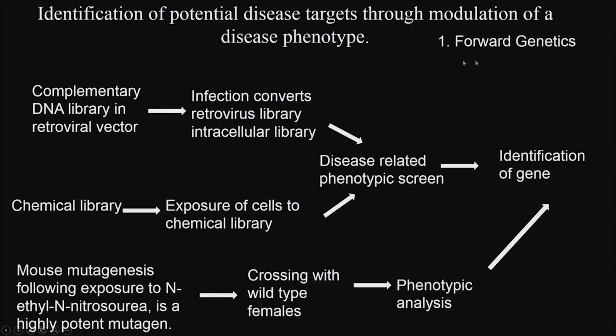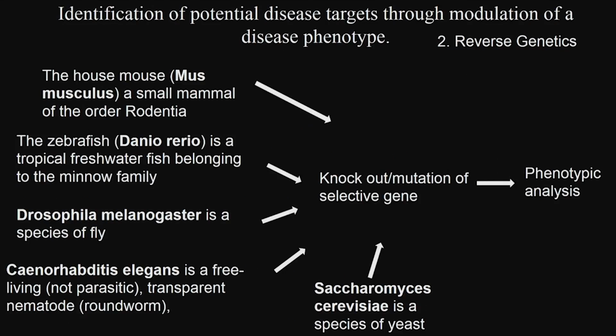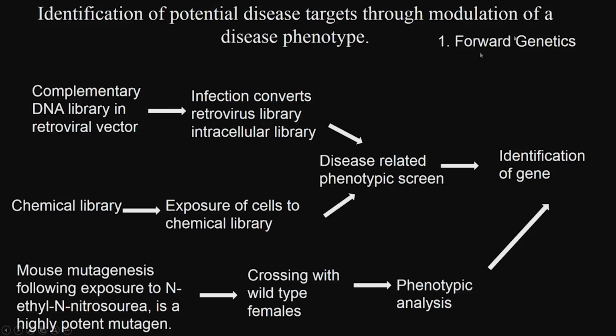Another approach is called forward genetics, and there is reverse genetics, by which we can also identify your disease phenotype. What we do is we look at the complementary DNA library in a retroviral vector. Infection converts this retroviral library into an intracellular library, so you get the disease related phenotype.